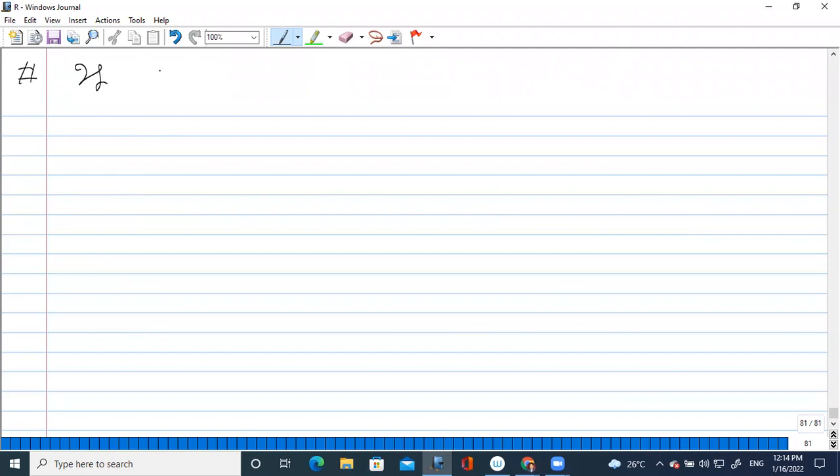Find the Laplace transform of a function.